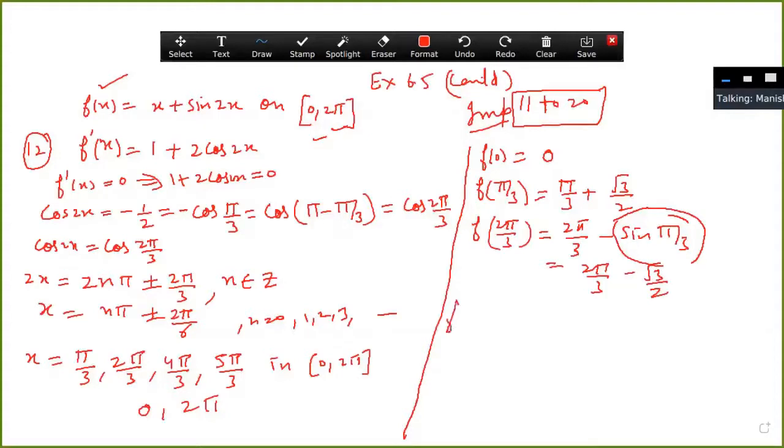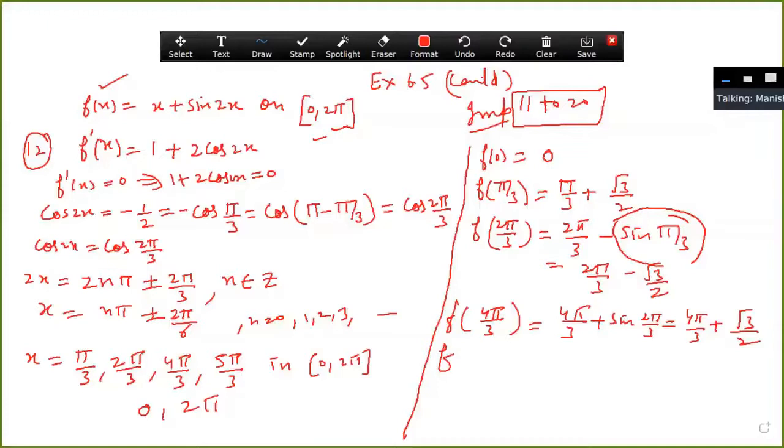And at f(4 pi/3), simplify it on your own: at the place of sin 2x, we get sin 8 pi by 3, and 8 pi by 3 can be written as 2 pi plus 2 pi by 3. You get plus sin 2 pi by 3 here. After simplification we get 4 pi by 3 plus root 3 by 2.